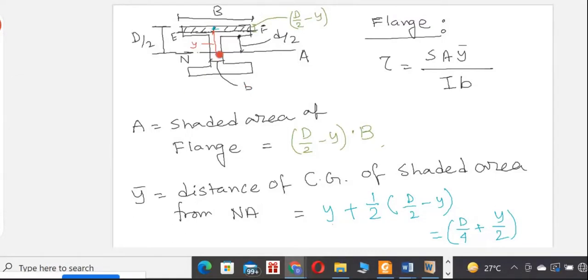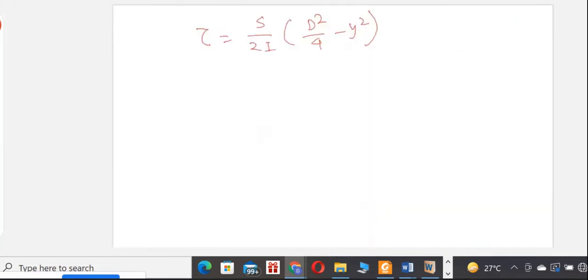Good. Because y is measured from the neutral axis. Now at this portion, meaning the junction of this flange and the web, what is the value of y? Small d by 2. And at the top part of this flange, what is the y value? Capital D by 2.